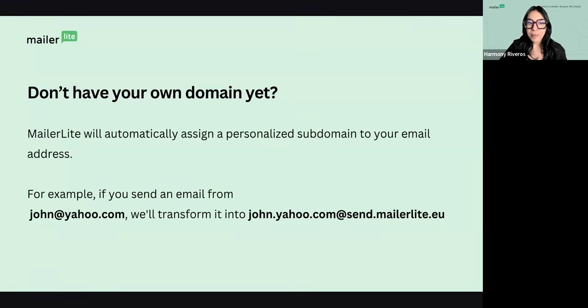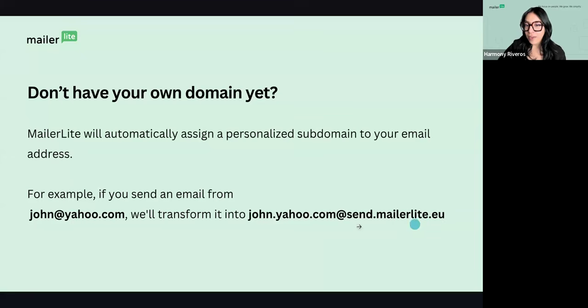For example, when it comes to Google, Gmail, and Yahoo inboxes, they will not really accept emails from MailerLite. Let's say you are sending newsletters from MailerLite and you are sending from these free domains, Yahoo and Gmail usually do not accept these.